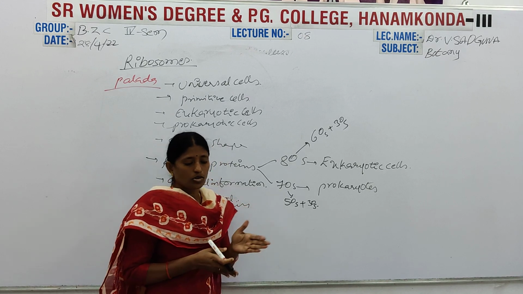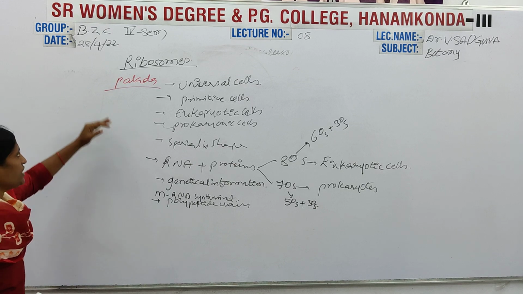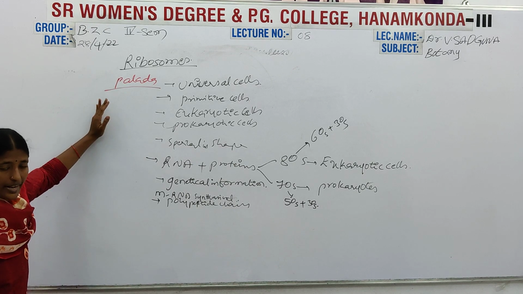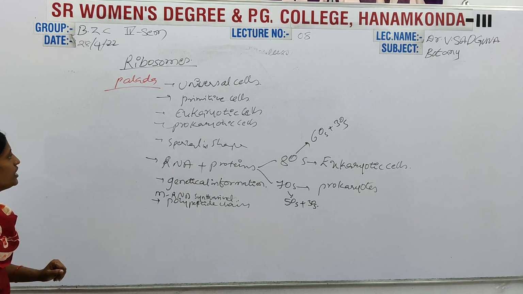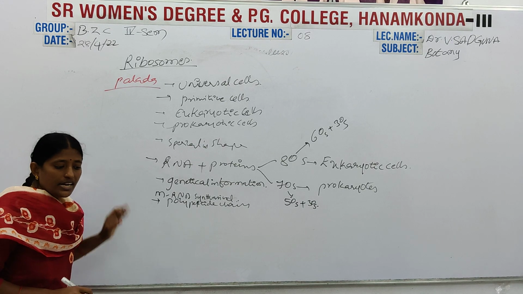So these are the genetic variations of the ribosomes, and these are the general functions.